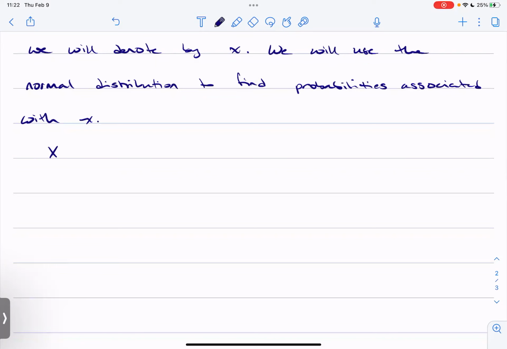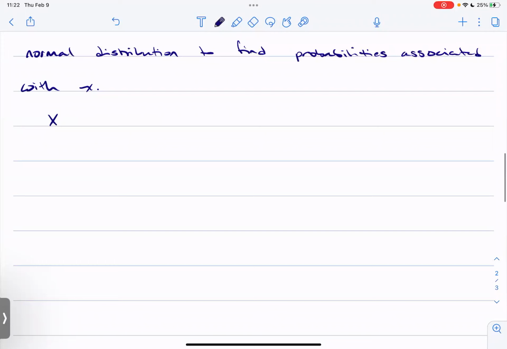You can use them interchangeably, and I'm fine with that. But X is the random variable we drew lowercase x from, just to clarify what I just said.